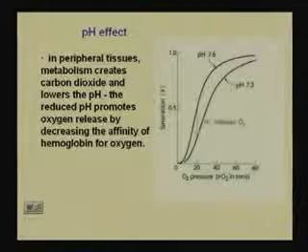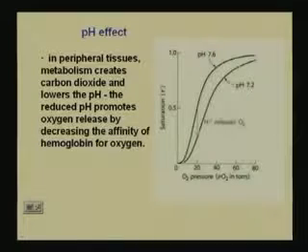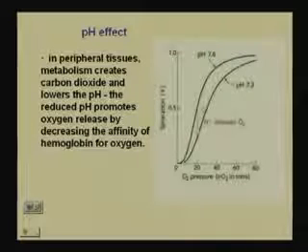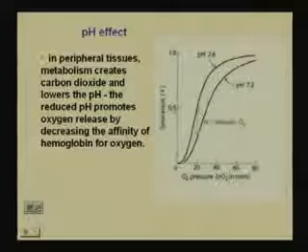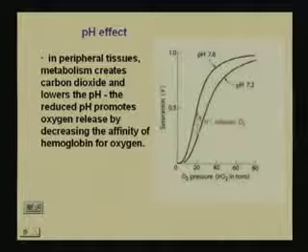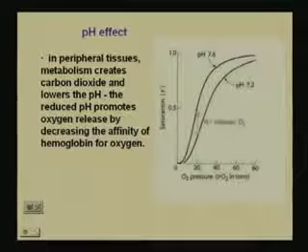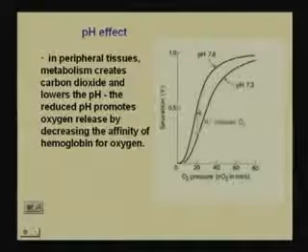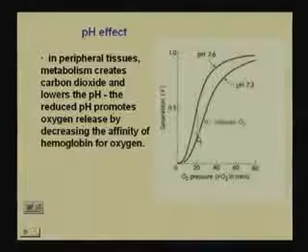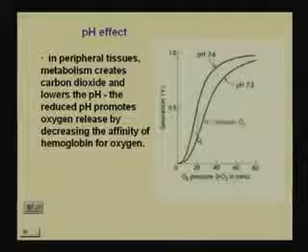This lowers the pH. As it lowers the pH, what is going to happen? Suppose you are at a specific partial pressure of oxygen here. The PO2 say is 20. What is going to happen when the pH is lower? The oxygen is going to release.